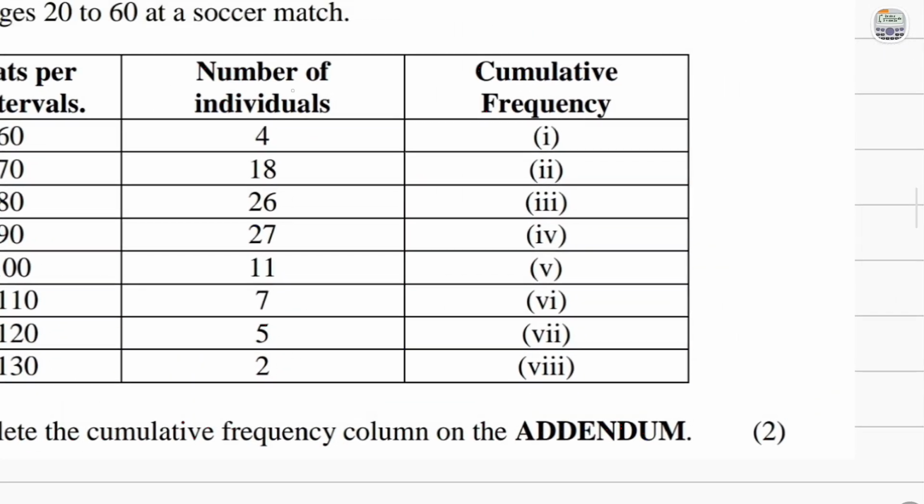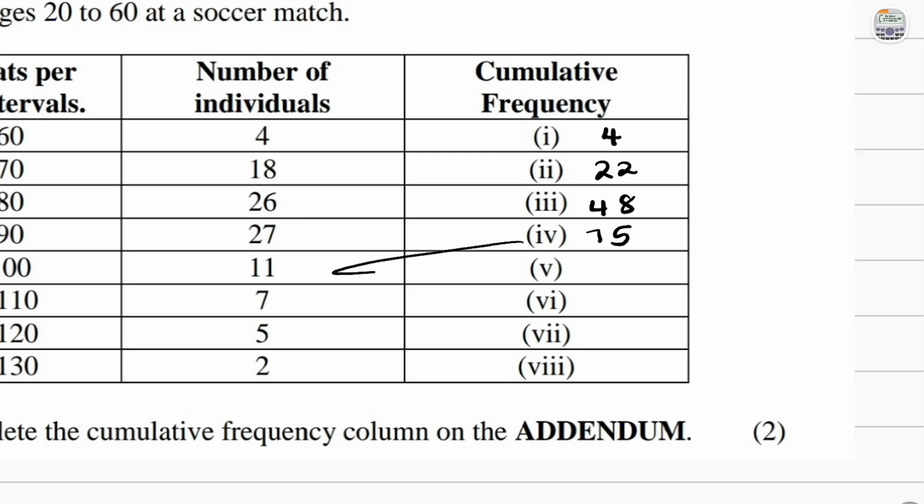So the cumulative frequency column is completed like this. You just use the frequency. With the 4, the only thing we're adding is just 4, so we'll just rewrite this as 4. Then 4 plus 18 is 22. Then 22 plus 26 gives us 48. Then 48 plus 27 is 75.